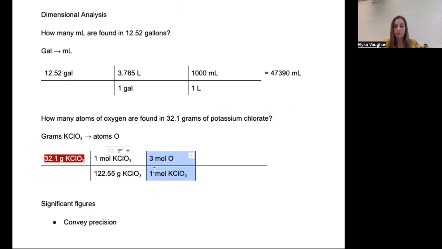And again, moles of potassium chlorate on the top, moles of potassium chlorate on the bottom in the next one. So here, what's going to go on the bottom here is moles of oxygen. And I'm trying to get to atoms of oxygen. So we're going to use Avogadro's number, which is that 6.022 times 10 to the 23rd atoms of oxygen per mole of oxygen.